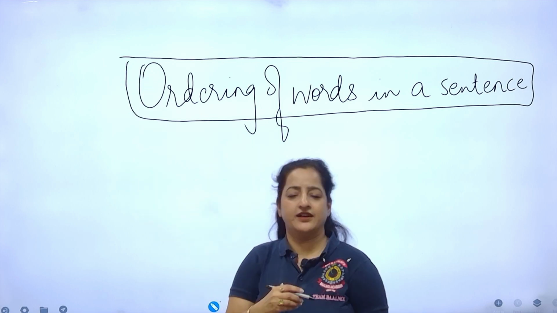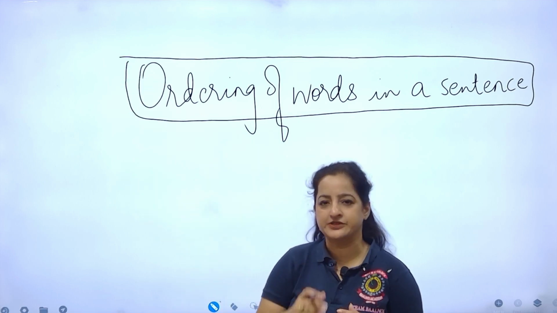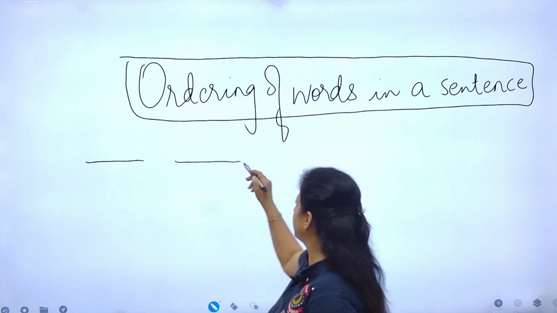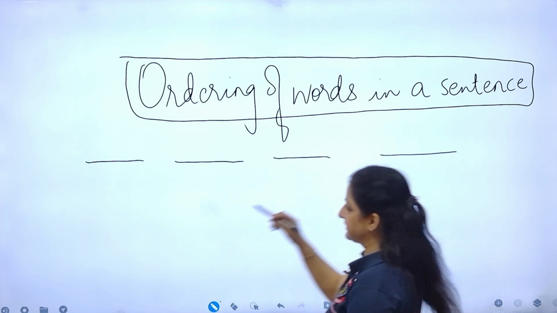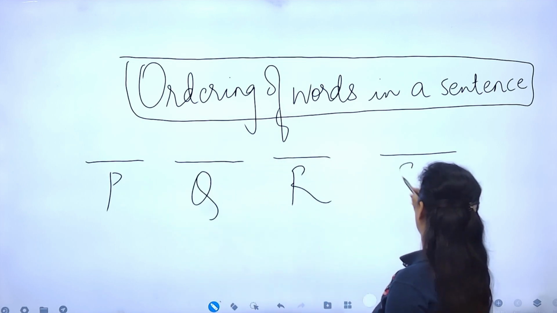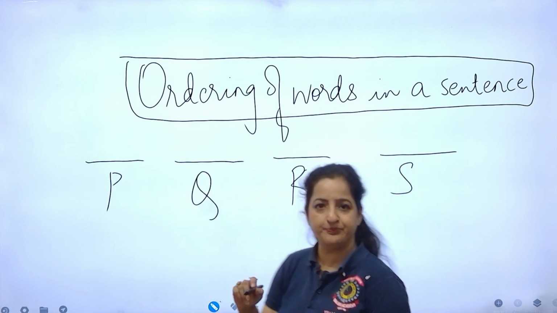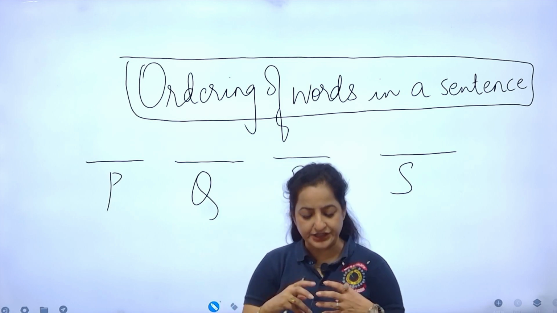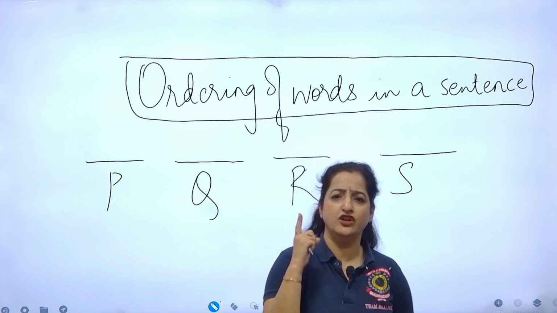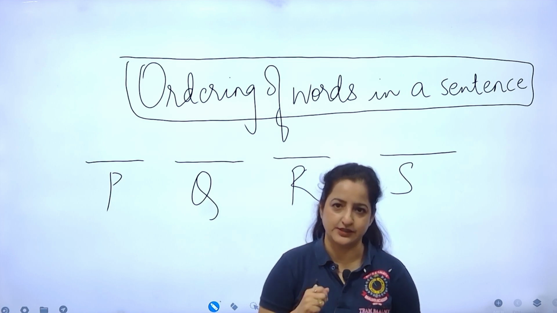What happens here is one statement is divided into four fragments, P, Q, R and S, and they are jumbled up. We need to reorder them in such a manner that they form one logical, coherent sentence.